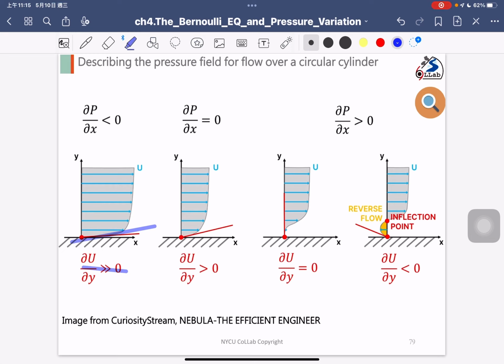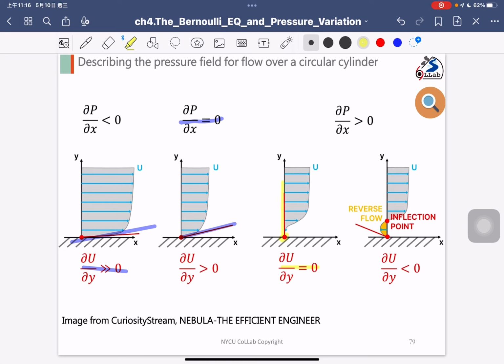Okay, and when the pressure gradient is equal to 0 here, the velocity gradient at the bottom point becomes smaller, until the velocity gradient equals 0, and then you can see the flow velocity at the bottom here, the slope is a vertical line.